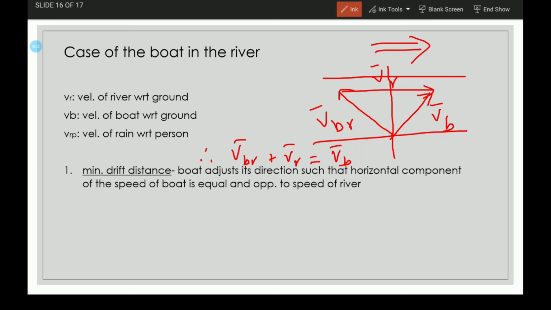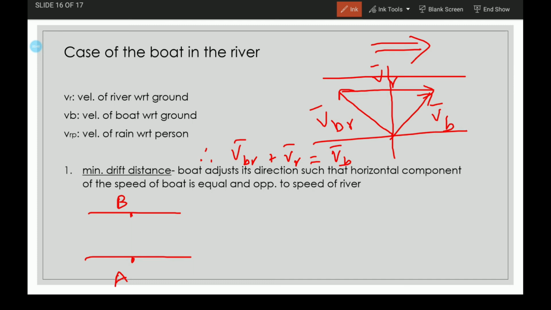Let us take case 1, minimum drift distance, that is, the drift must be 0. Again, this is the river, this is point A, and point B is opposite to point A, that is, the drift distance is 0.